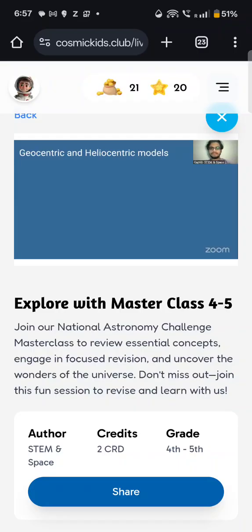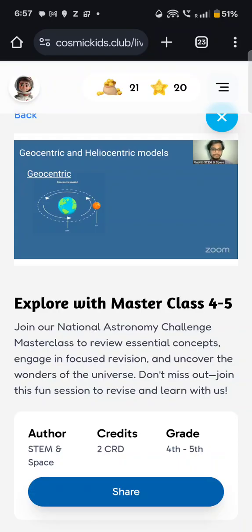Today we know that all the planets revolve around the sun, that makes up the solar system, but that was not the case before, because before people used to believe that the Earth is the center of the solar system and all the planets, including the sun, revolved around Earth. This model was called the geocentric model.